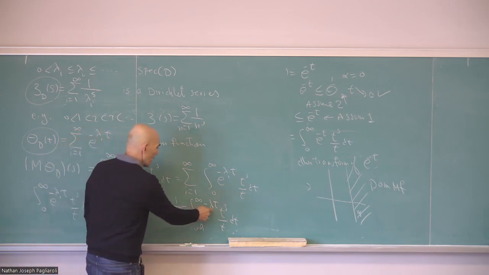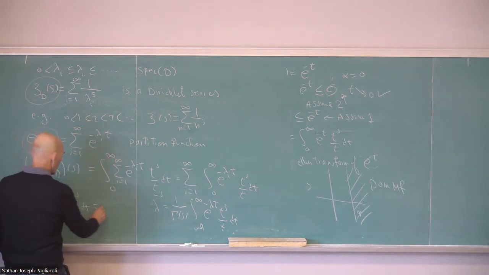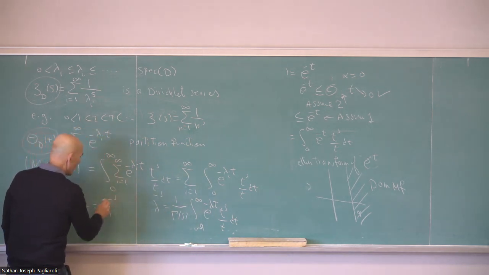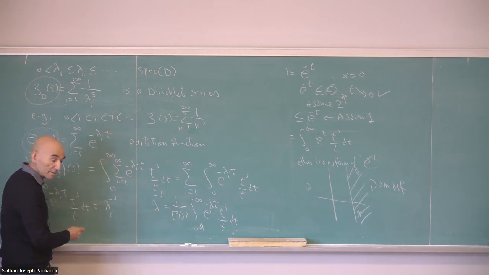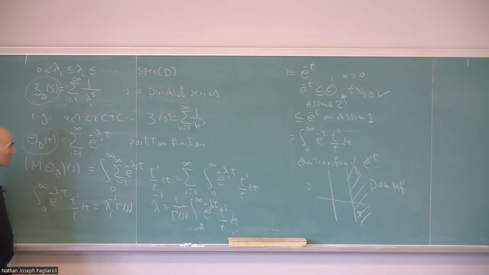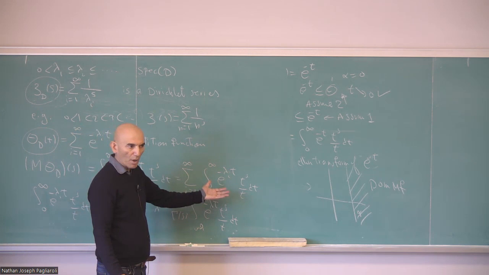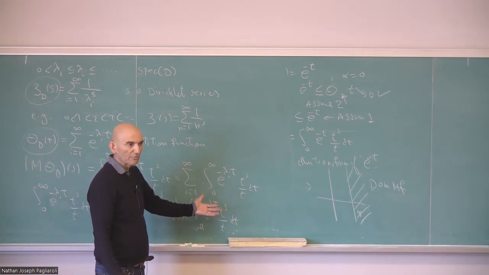So here you just put lambda_i, and you get lambda_i to the power minus s times gamma of s. Okay, so now I can continue this, and this is nothing but gamma of s times the zeta function.